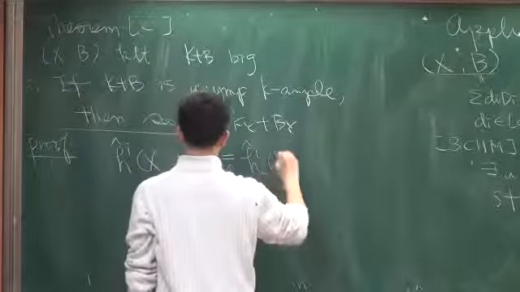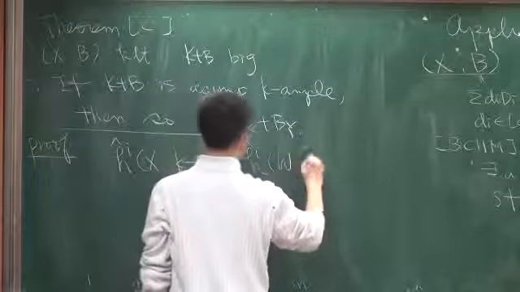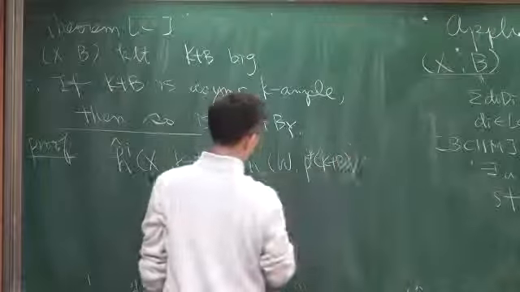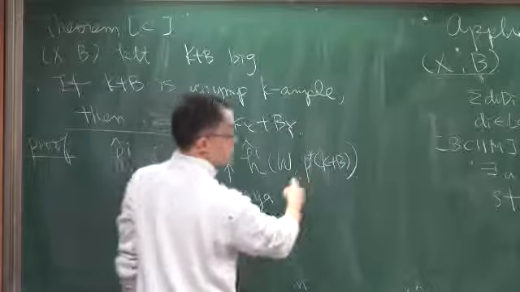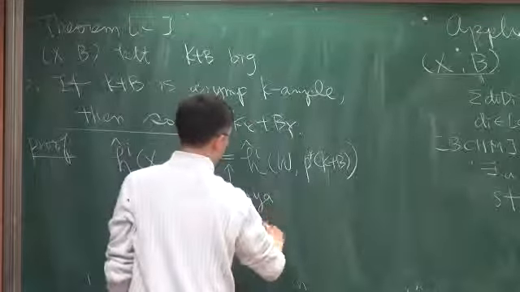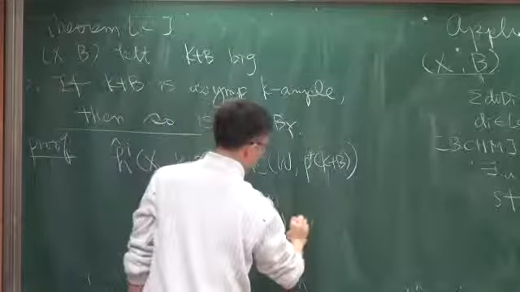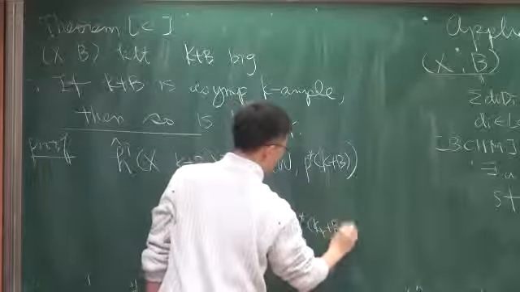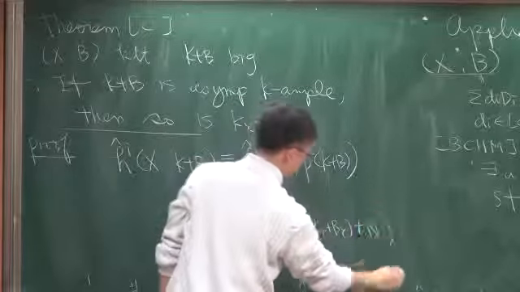It's W P pullback K plus B. And this is also equal to H hat W Q pullback KY plus BY plus some effective divisor N.